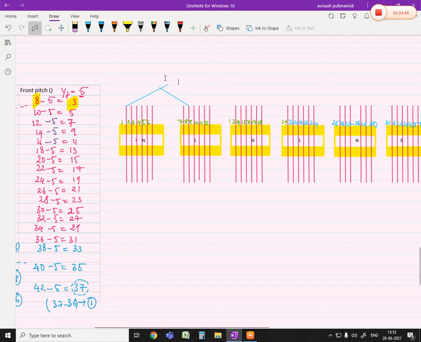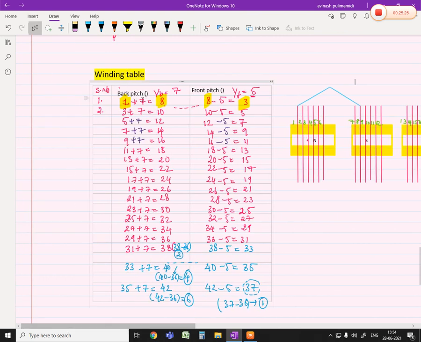Okay, hope you understood now. This is the first connection. In the same way, 3rd conductor is connected to 10th conductor.